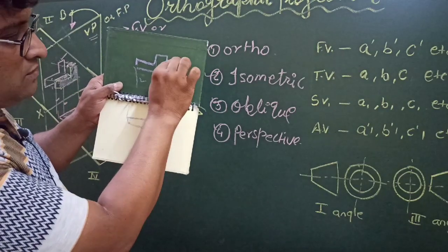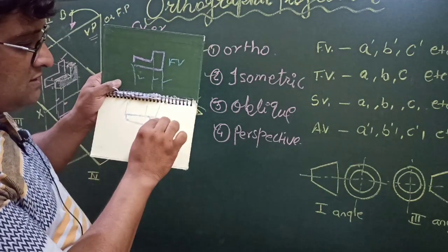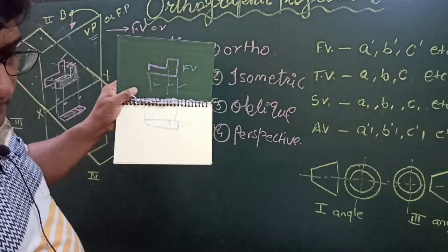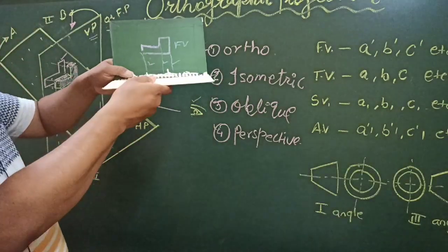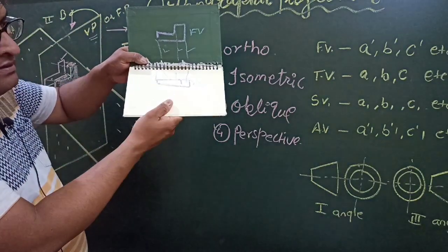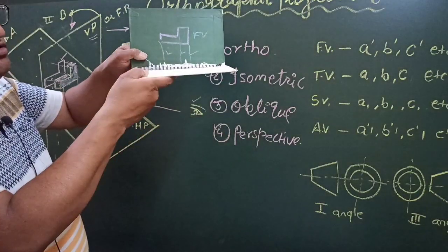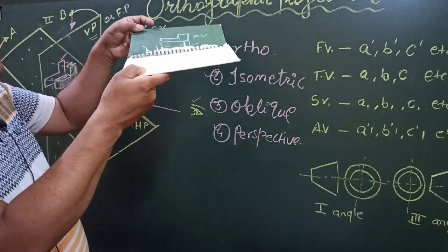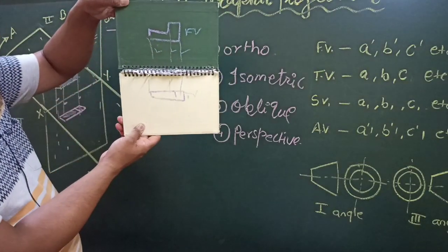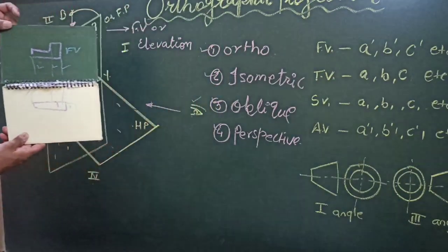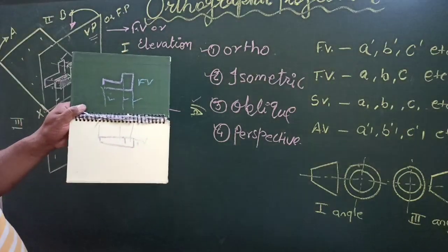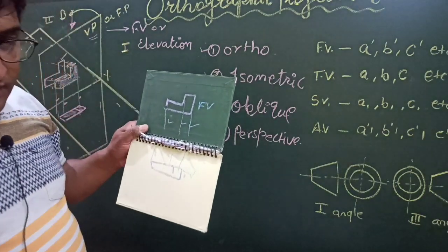This is front view and this is top view. Okay, so we rotate this plane by 90 degrees. The other thing we can also do is rotate the vertical plane like this so that it becomes a flat sheet or flat screen, so that front view and top view are visible.